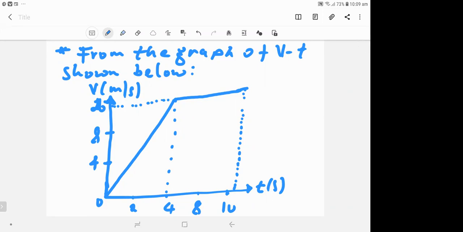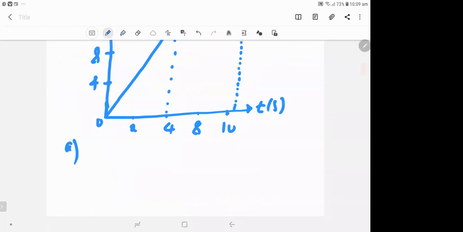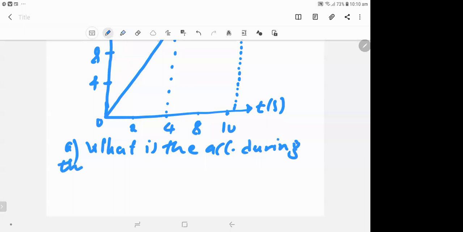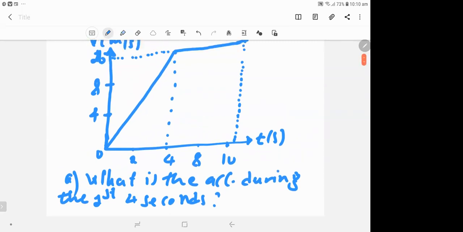Have you seen? For example, from the graph above, what is the acceleration during the first 4 seconds?